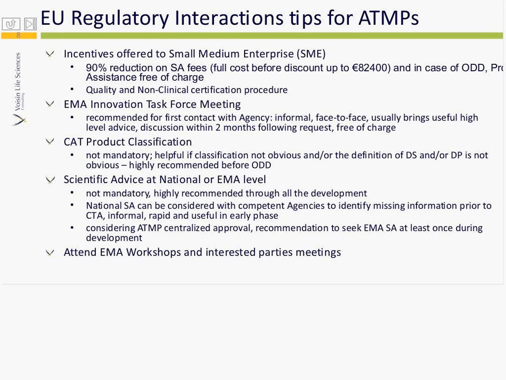Product classification is very important for these products insofar as it's necessary to understand where a product falls within the regulations so that you can find the correct pathway to understand the data that's necessary to complete clinical trial applications sufficiently and later marketing authorization applications. So it's very recommended to request a product classification with the CAT.